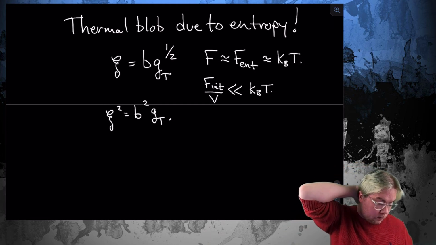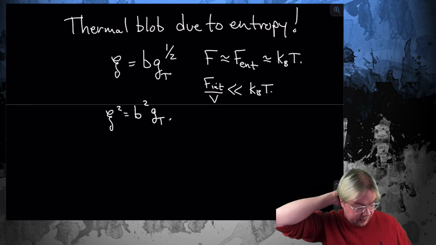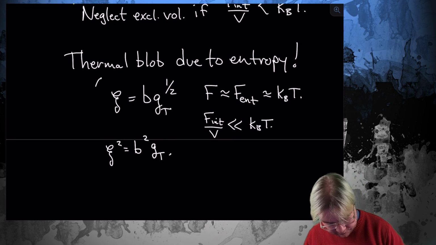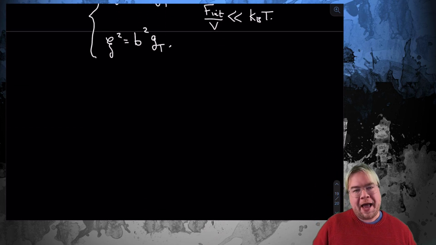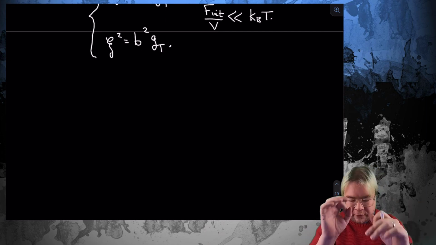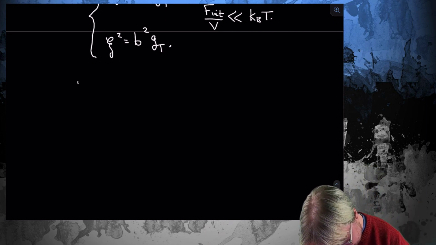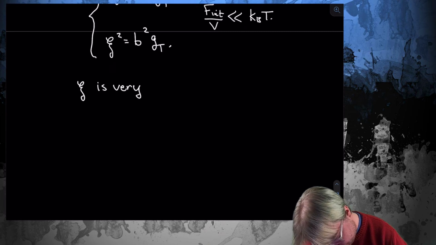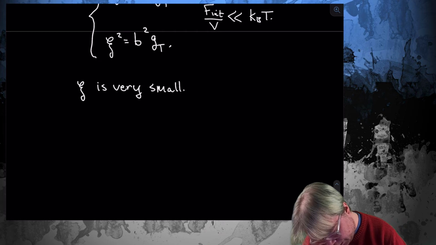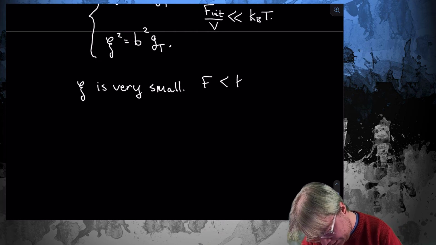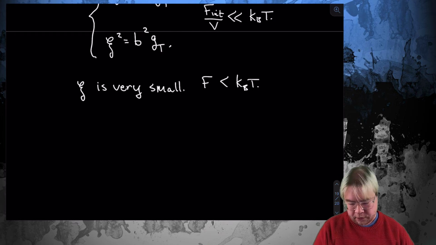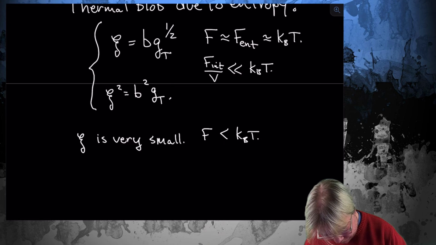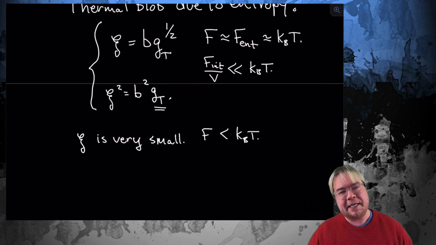So now what? Well, I'm not quite done yet. This was the entropy term. What happens at the very limit? So if I have a very, very small blob, so let's say that the size of the blob is very small, then the free energy will actually be less than kBT. So it's only going to be equal to kBT when I have GT monomers.